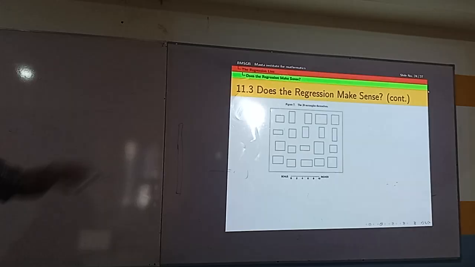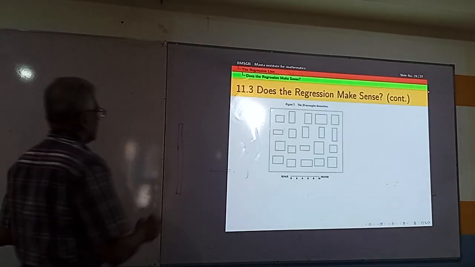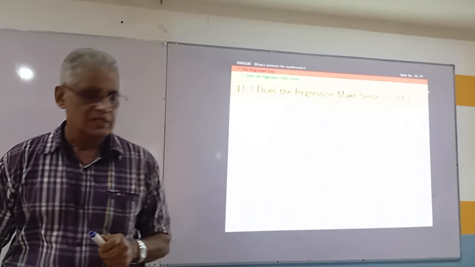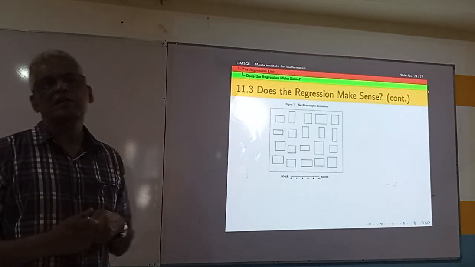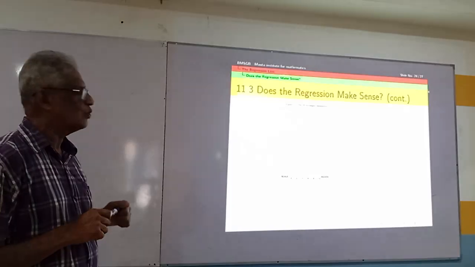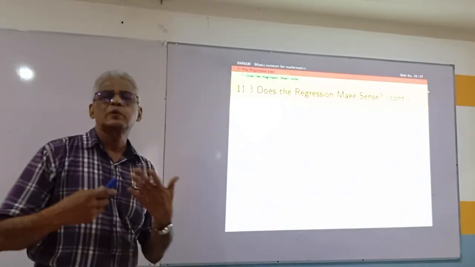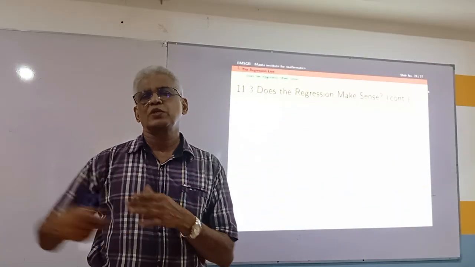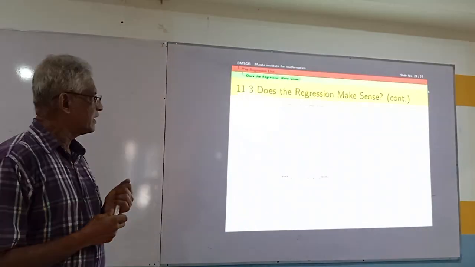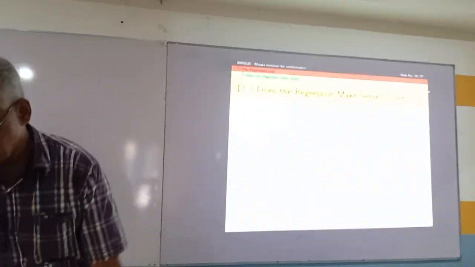So if you look at these ones, most of them are having roughly the same length and width. So for that kind of relation, maybe this regression is meaningful, and you may be able to predict once you know the perimeter, but it's not valid for all the rectangles. Right.